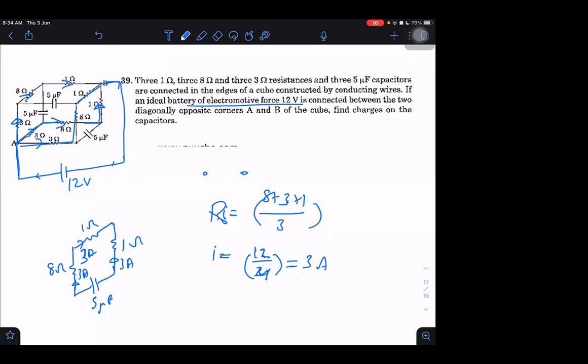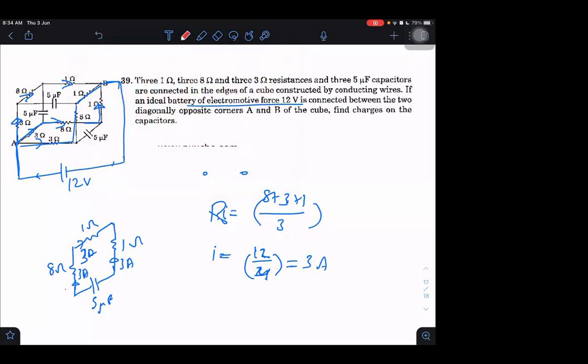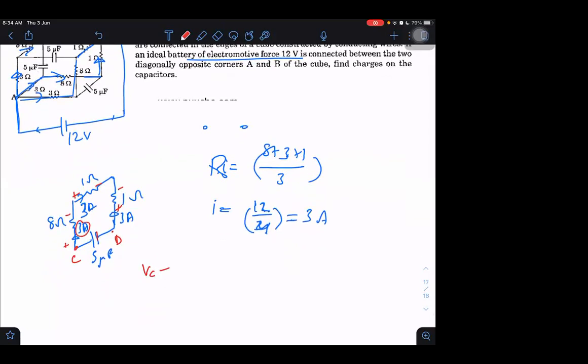Start from C and go up to D. So VC minus 3 times 8, then minus 3 times 1.